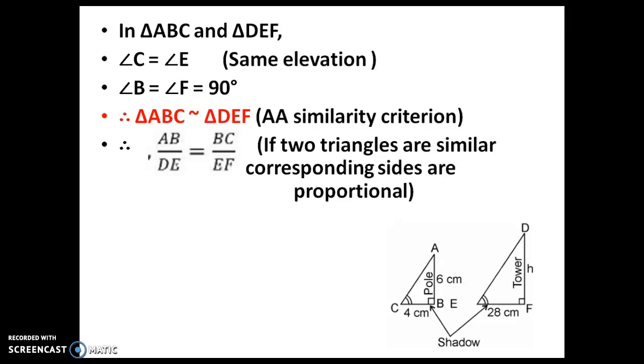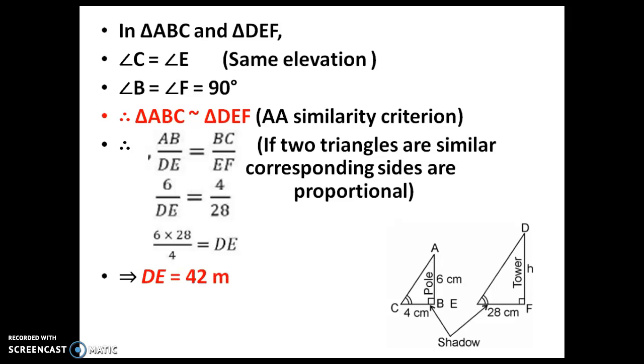That's why we can write AB by DE equal to BC by EF. Substituting the values, 6 by DE equal to 4 by 28. Then cross multiply, we get 6 into 28 by 4.